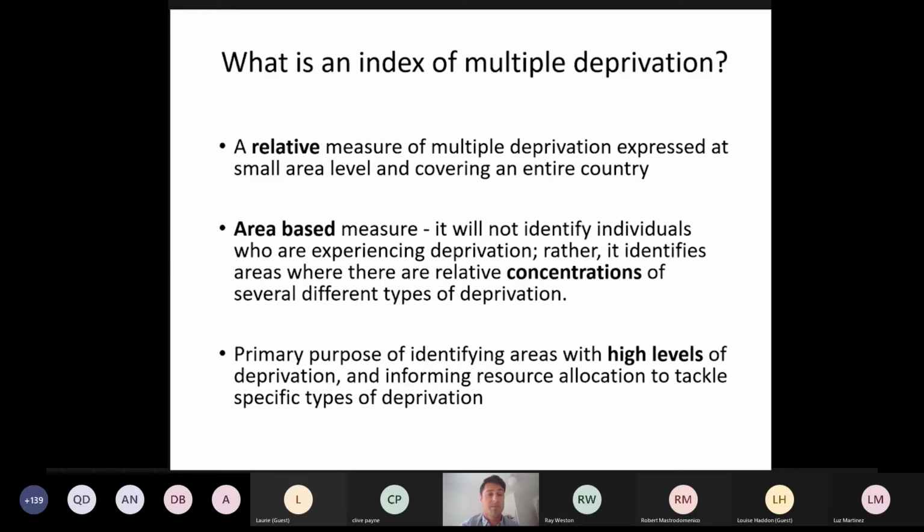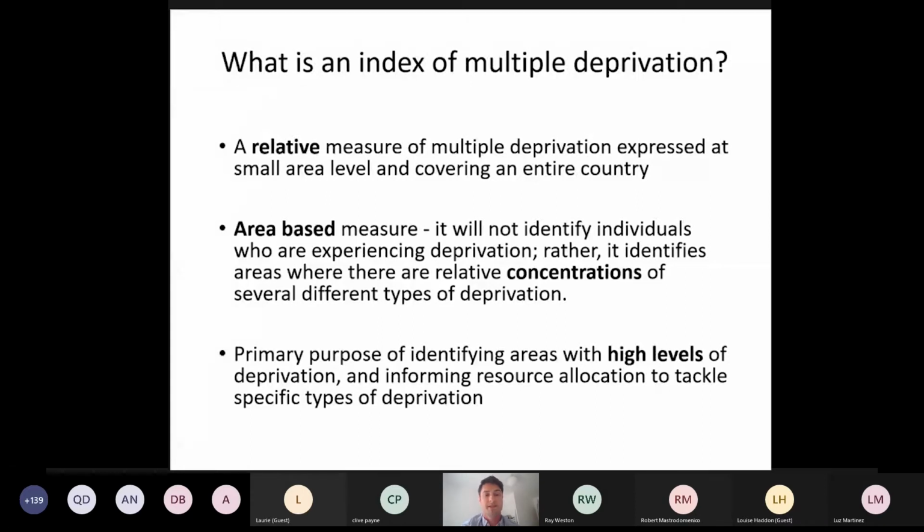Deprivation, as expressed in the index and the indices, is an area-based measure. So it's not specifically targeted at identifying individuals experiencing deprivation. It's much more focused on concentrations, giving an area-focused measure, and is across deprivation through different facets and different domains, which again we'll speak about a little later on.